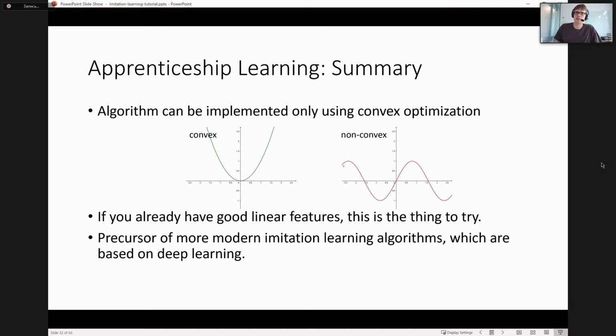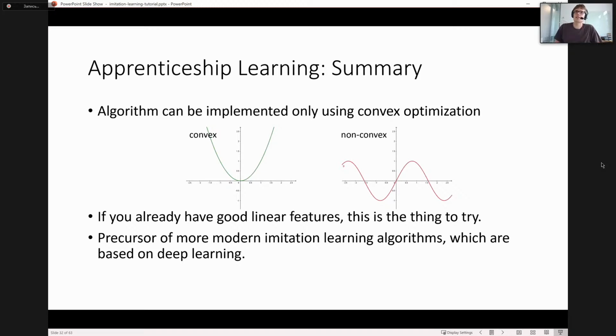Moreover, convex functions are really easy to optimize. There are very good results about optimization algorithms, variants of gradient descent for example, that allow me to optimize convex functions really fast. So when you want to implement this algorithm, all you need is a solver for convex optimization problems. It is clear how to get the right solution to that optimization problem, and it is easy to debug, unlike the more sophisticated algorithms which use deep learning, where we have to do non-convex optimization.